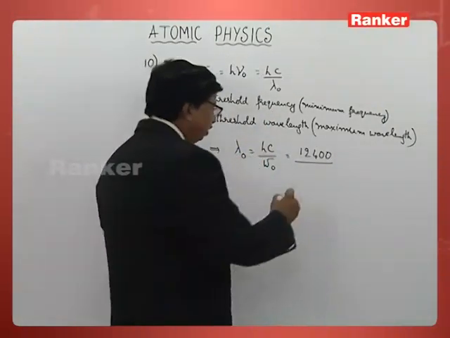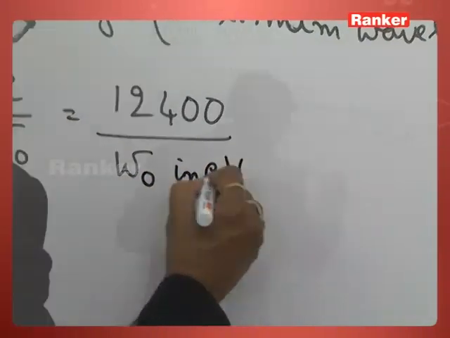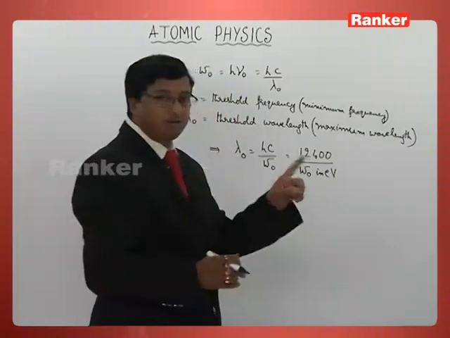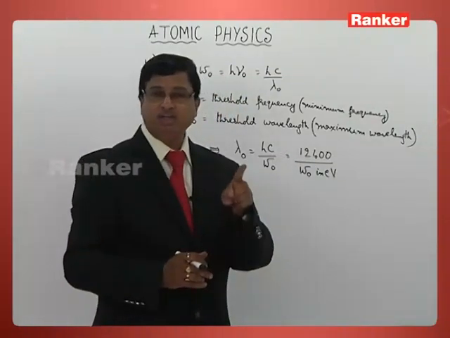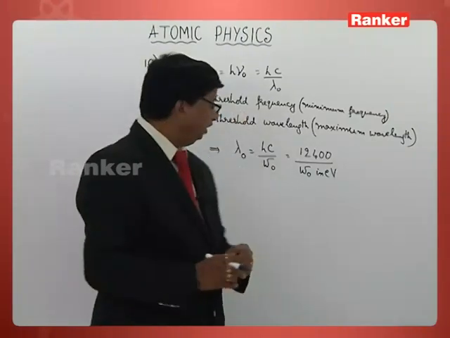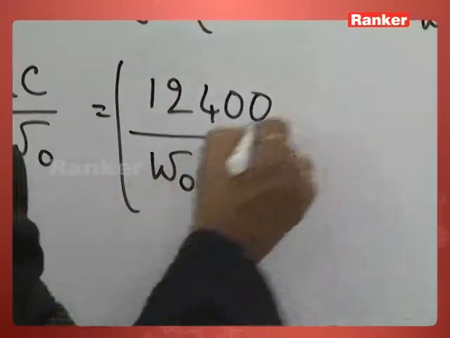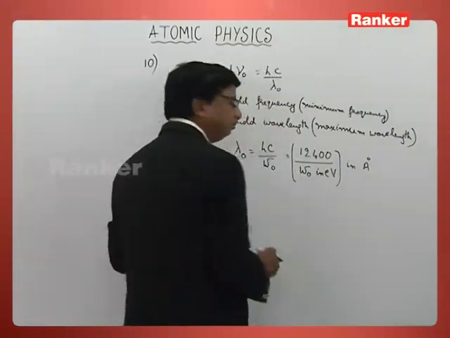This W naught, you directly write in electron volt only. Don't convert that into joule. Don't convert that into any other units other than electron volt. If you do like this, you will be getting the answer in angstrom units.